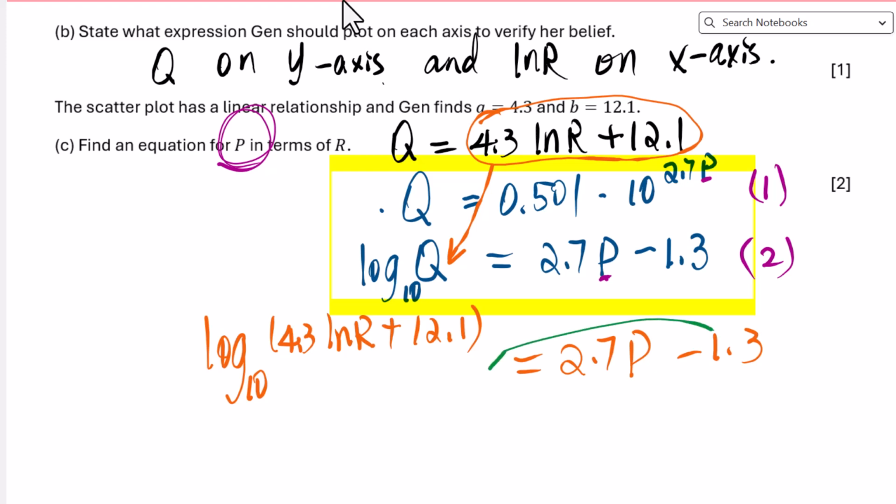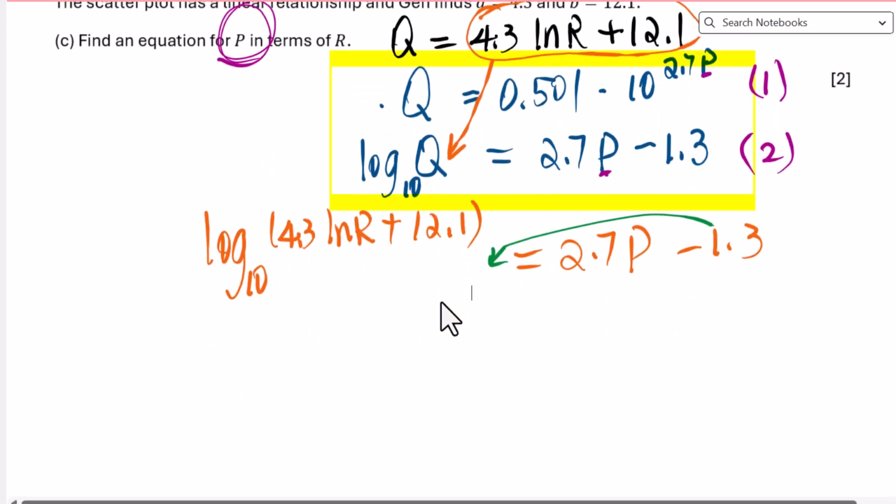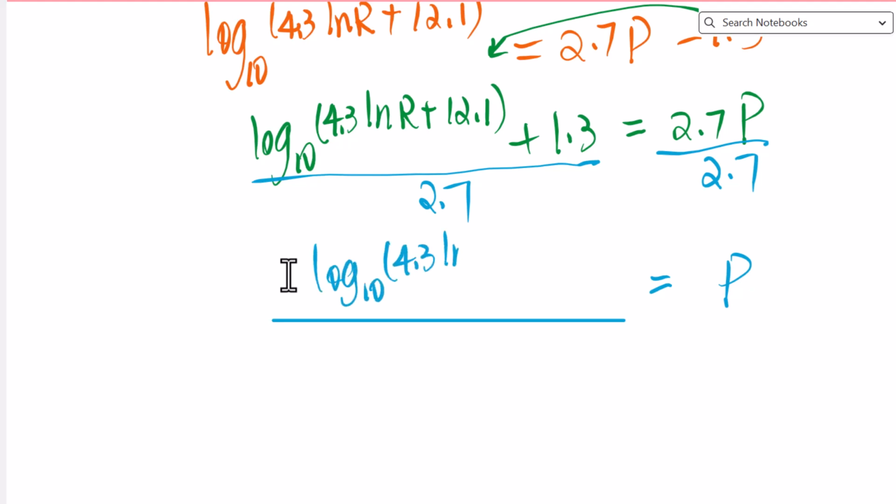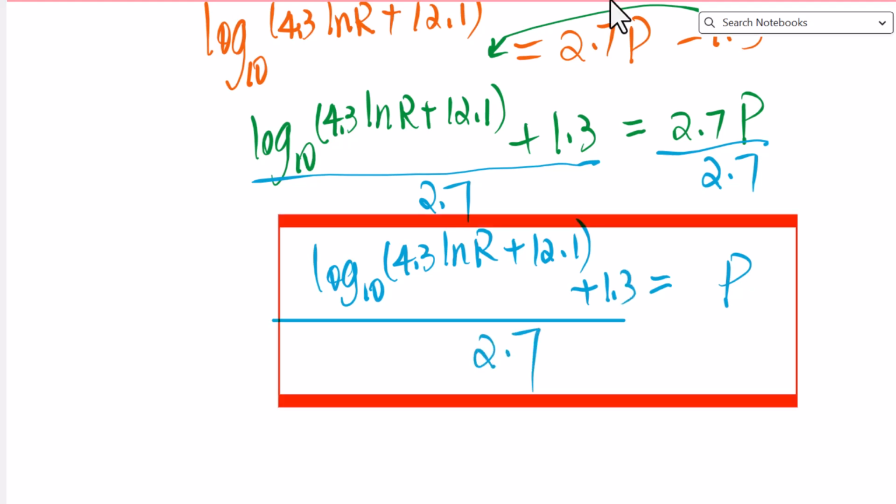Let's add 1.3 on both sides, then divide by 2.7 to figure out P. We got P equals common log of 4.3 natural log of R plus 12.1, plus 1.3, over 2.7. This is P.